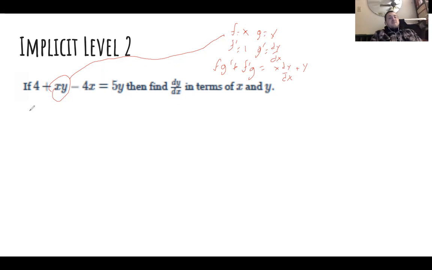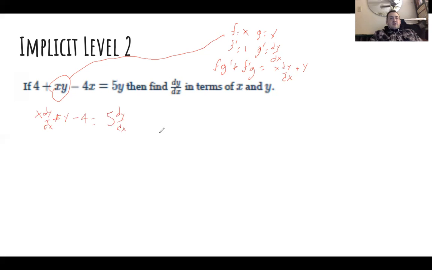Now, if you're really savvy, you could do this product rule not separately, but I like separating it the first time. All right, so if I'm taking the derivative here, this is 0. Derivative of a constant is 0. And then this term is going to be your x dy dx plus y. And then my derivative of negative 4x is just minus 4. And then on this side, my derivative of 5y is going to be a 5 dy dx.